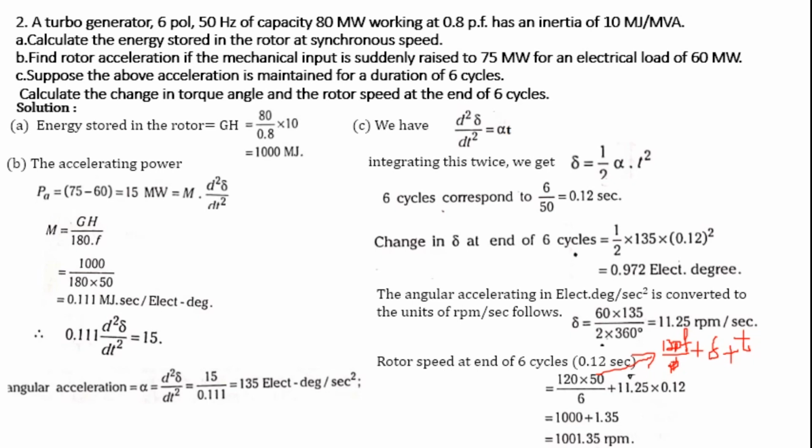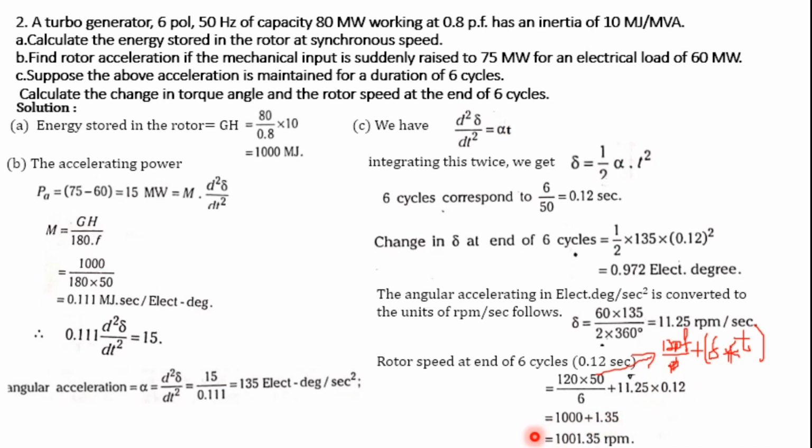It's not a plus, it is multiplication here: delta into t. So 120 F by P plus delta into t. 120 F by P is nothing but P value 6, so we'll get 1000. So 11.25 corresponding to 0.1 second, we'll get 0.12 second, we'll get 1.35.